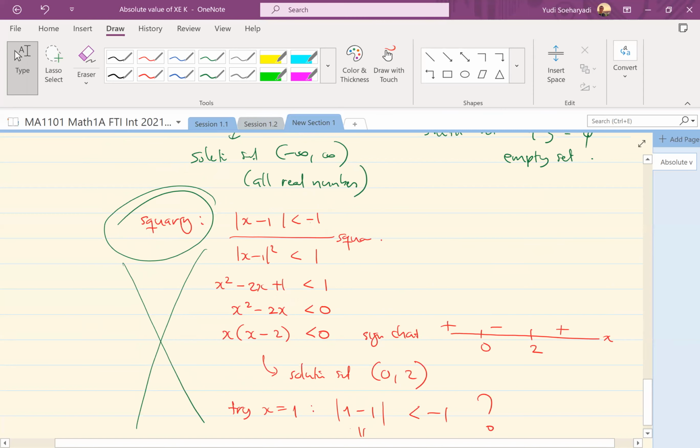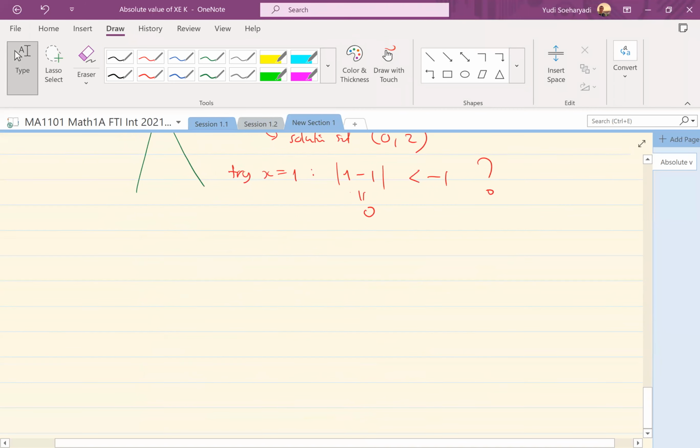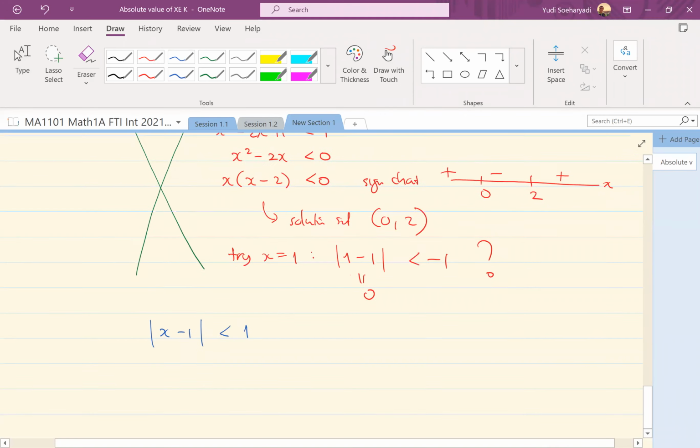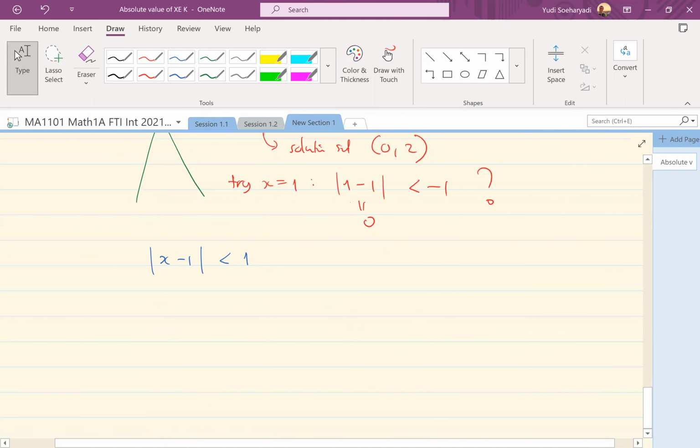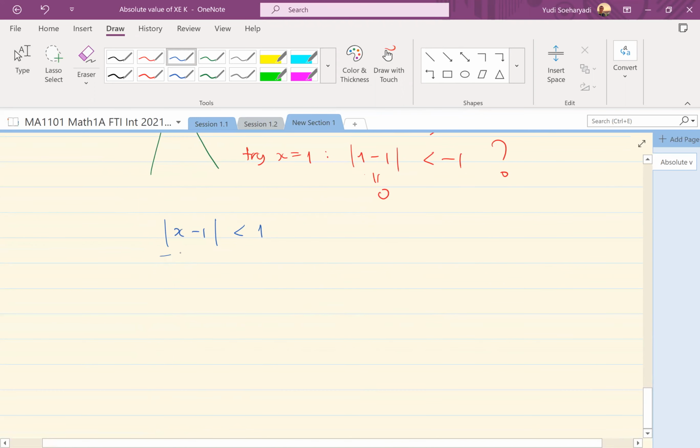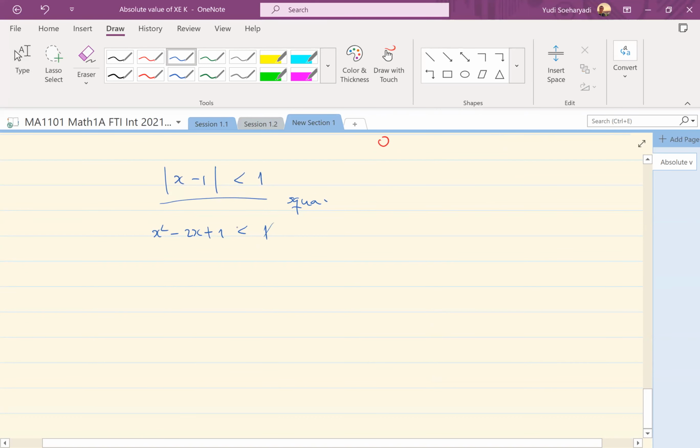So what about this one? In this case, if you square it, you get x squared minus 2x plus 1, and you subtract 1. By sign chart, you indicate 0 and 2.